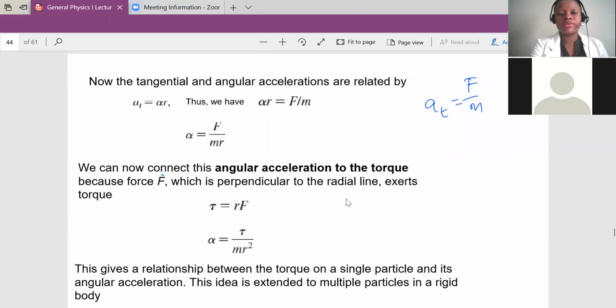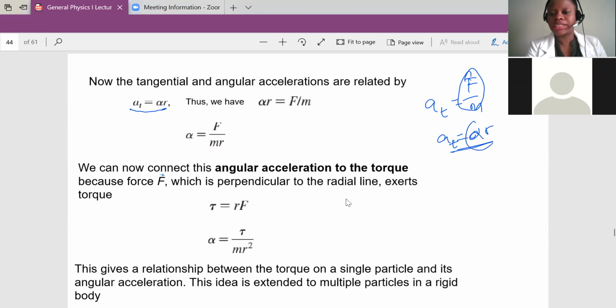And we also saw in our last class that a_t is related to angular acceleration alpha with this expression. So if a_t is equal to this and a_t is equal to this, we can equate the two, so that F over m is equal to alpha r, which is what you have here.